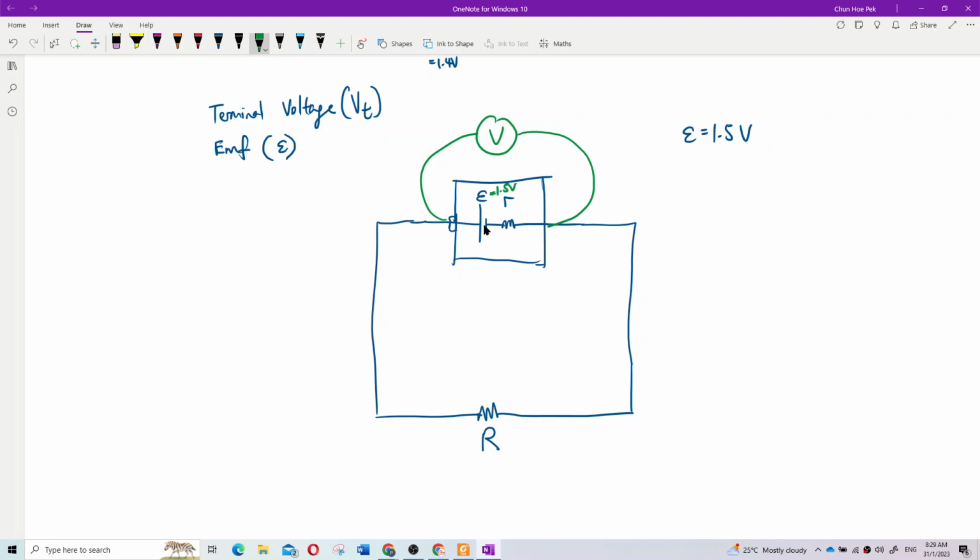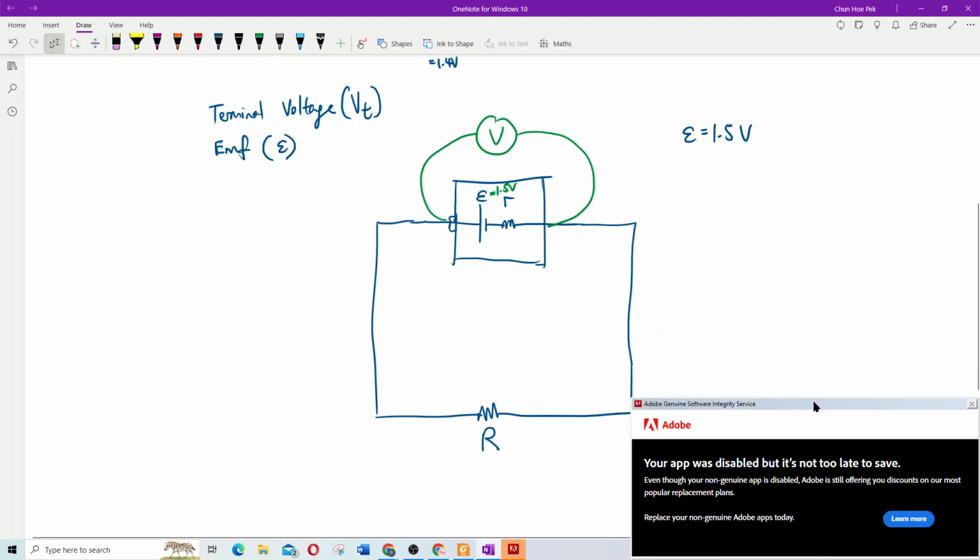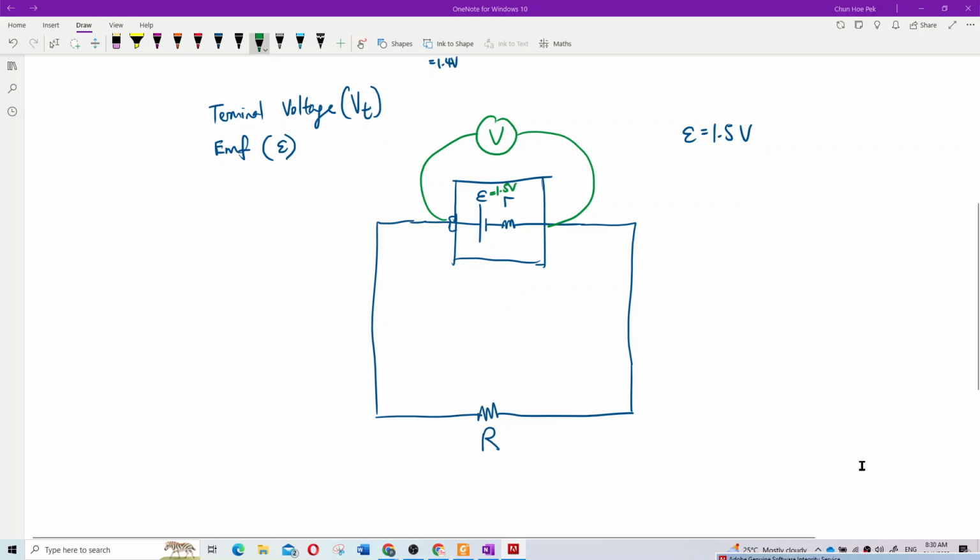When I put a voltmeter across the terminals, positive and negative, this voltmeter is actually measuring the terminal voltage, that means voltage across the terminals of the battery.